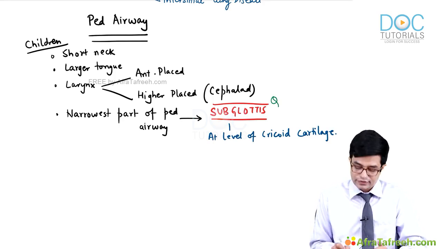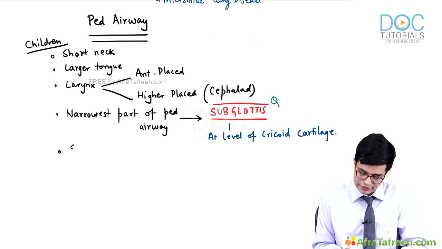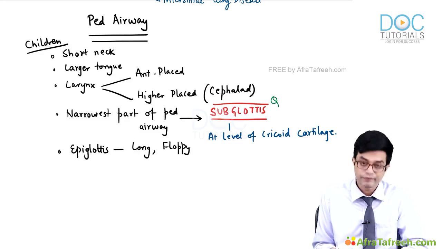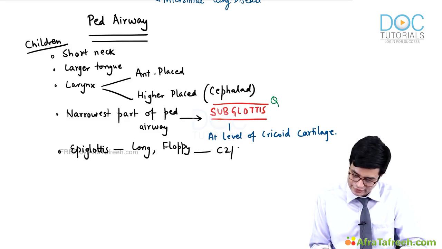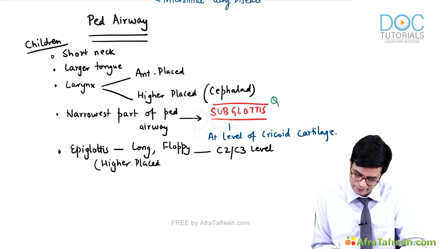Another important thing in children: the epiglottis is long and floppy and it is present at the level of C2 and C3 vertebral level. Again, epiglottis is higher placed as compared to adults.